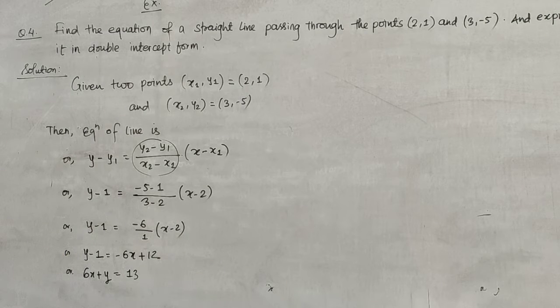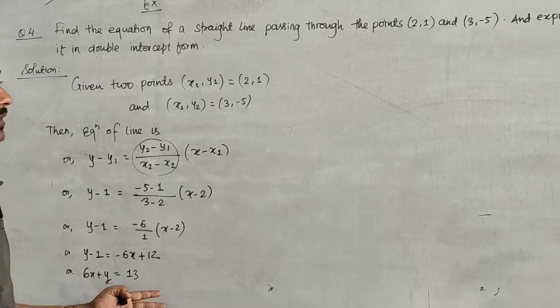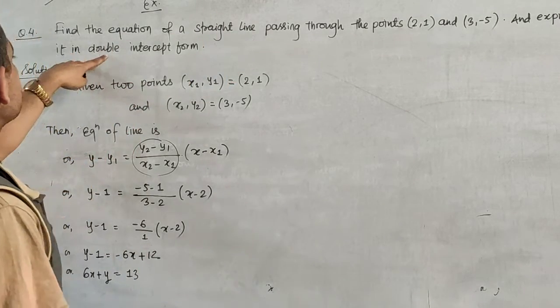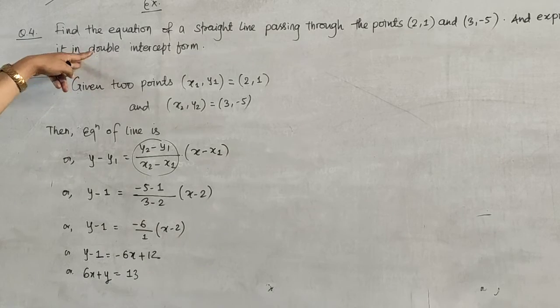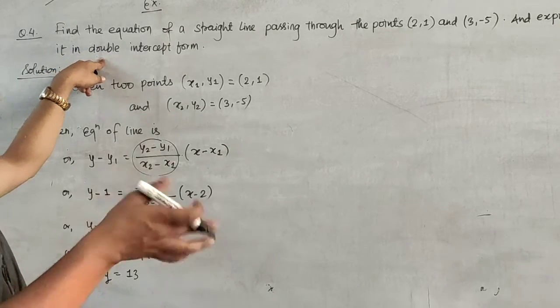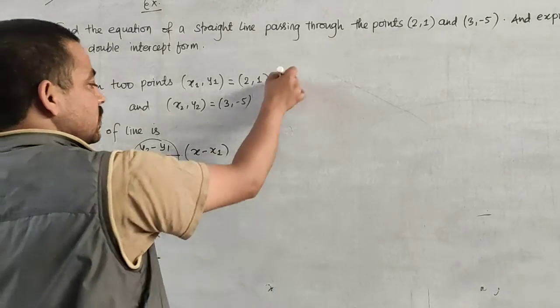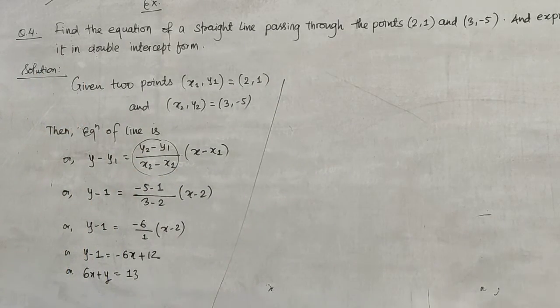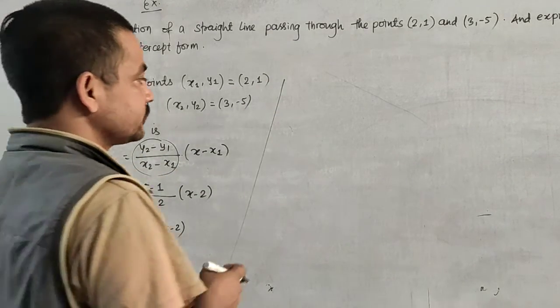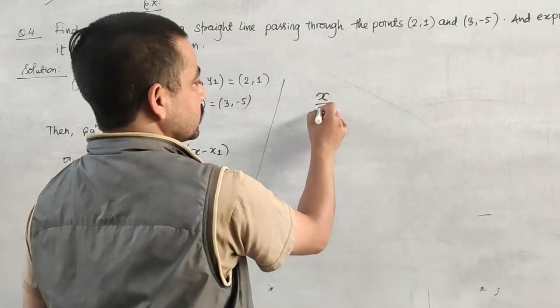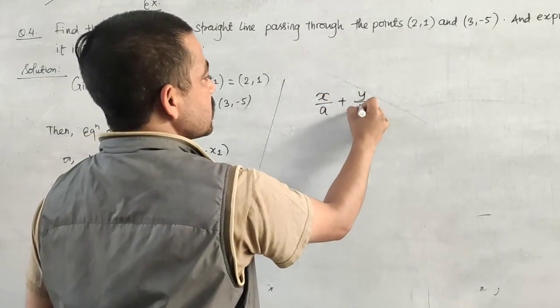If we take it to the right side, positive 13. This is the equation of the line. But here is one more thing we have to do, that is to express it in double intercept form. As we all know, the double intercept form is what? x upon a plus y upon b equals 1.